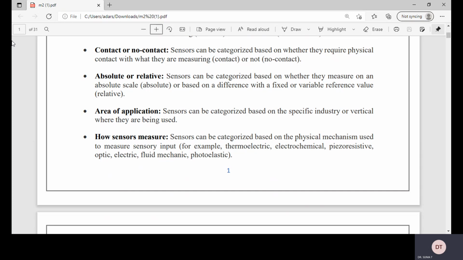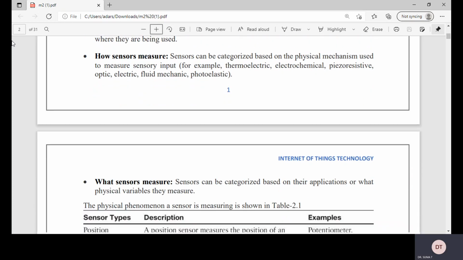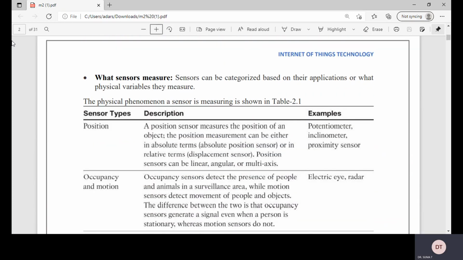Next is what sensors are going to measure, depending upon the applications or what physical variables they measure. Note that this is by no means an exhaustive list, and there are many other classification and taxonomic schemes for sensors, which include those based on material, cost, design and other factors.